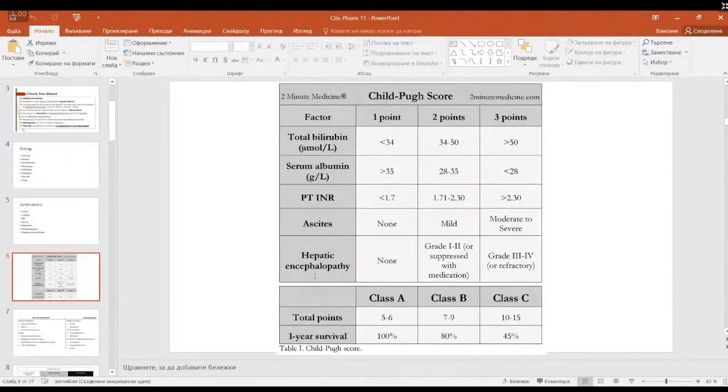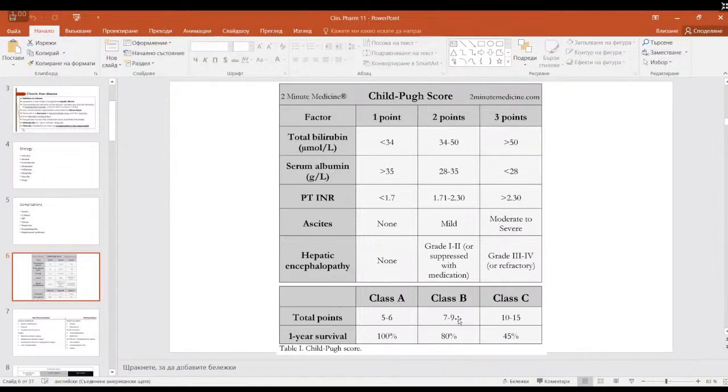The Child-Pugh score is actually a very useful score to calculate in order to get an idea about the survival of the patient. So if the patient is classified as class A, the survival after 1 year of diagnosis of chronic liver failure is usually 100%.